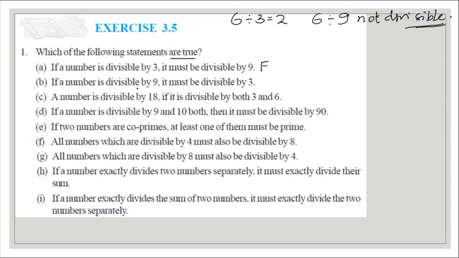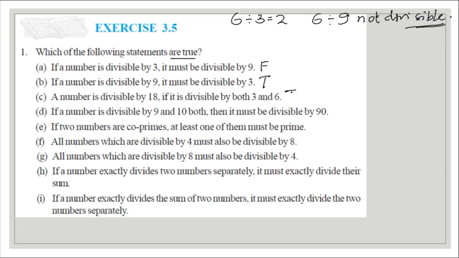If a number is divisible by 9, it must be divisible by 3. This is true statement. Whenever the sum of the digits is divisible by 9, the same rule is applicable for divisibility for 3. If a number is divisible by 9, it must be divisible by 3. Third one, a number is divisible by 18 if it is divisible by both 3 and 6.